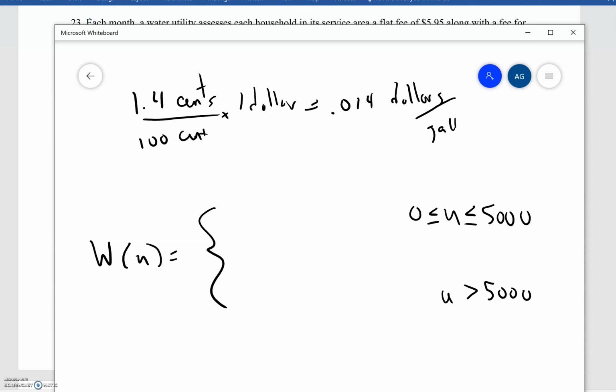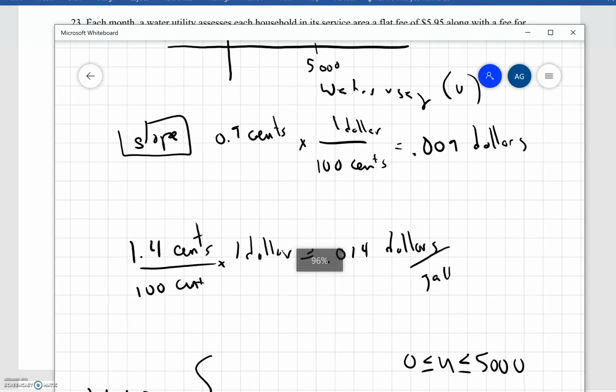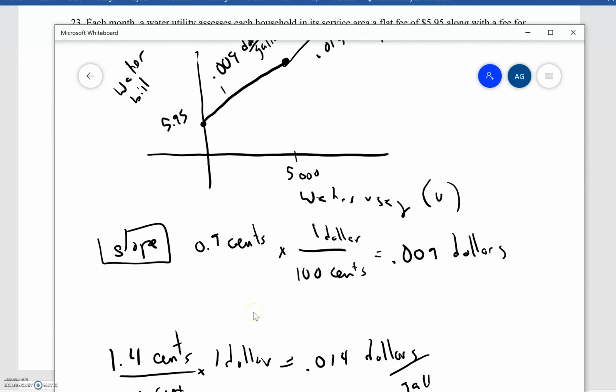The first piece is going to have slope 0.009, and for this piece I can use mx plus b, because we know b is 5.95.